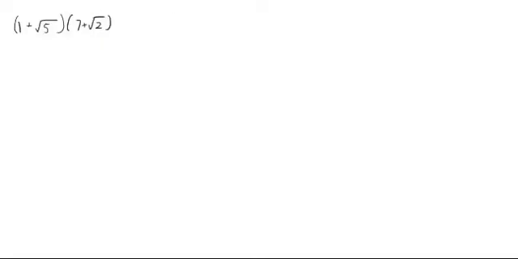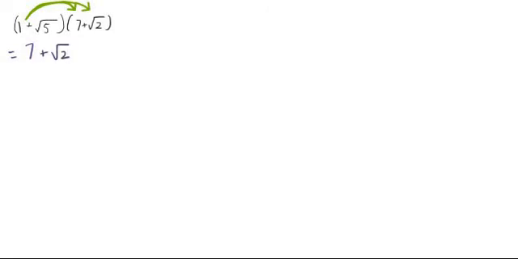So for question 5, you have open brackets 1 plus root 5, close brackets, and open bracket 7 plus root 2. So first you have to expand the bracket. So 1 times 7, that's 7. Then 1 times root 2, that is root 2.